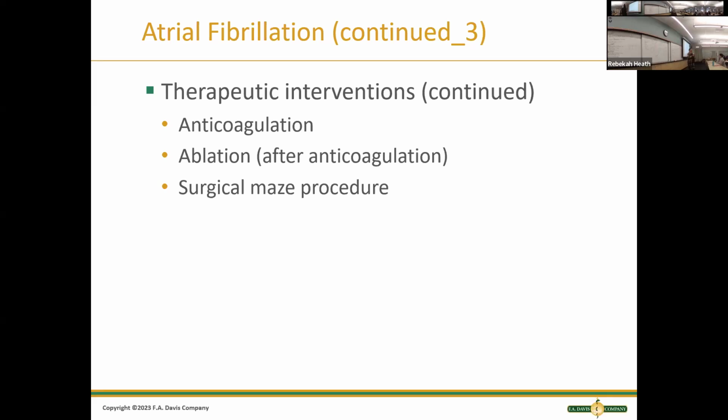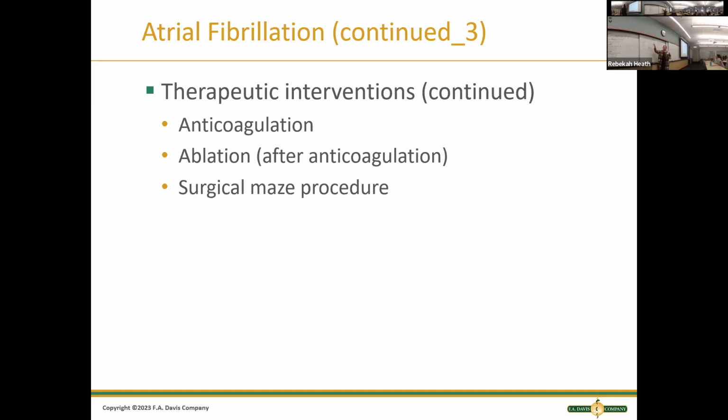You know why? Blood clots from the blood left in their heart. Normally, this atrium, we get a nice good contraction and all the blood, or most of the blood, is moved down to the ventricles and goes out into circulation.